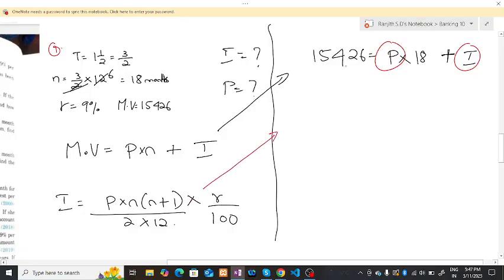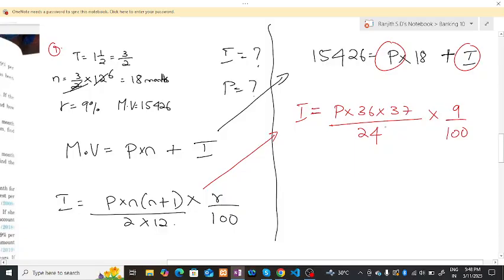Keep the first equation as it is. Take the second equation. I is equal to P into 36 into 37 divided by 2 into 12, and the rate is 9 divided by 100. From this, I want you all to find the value of I, students.